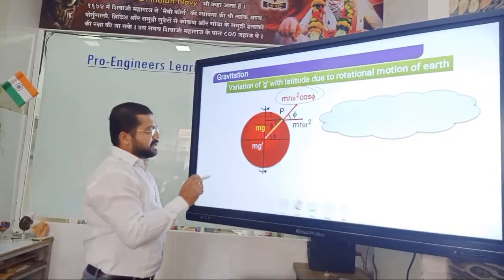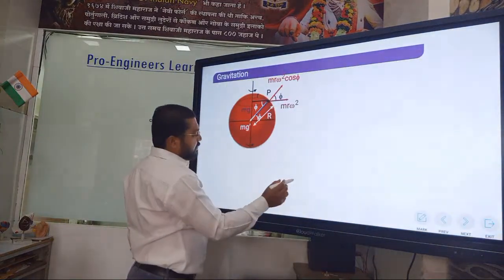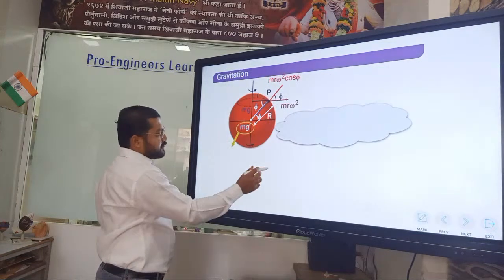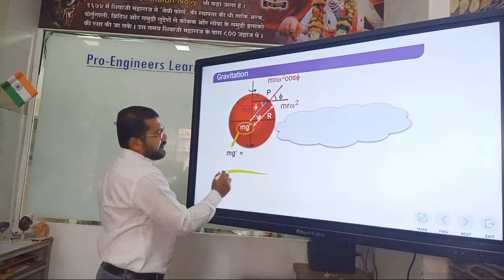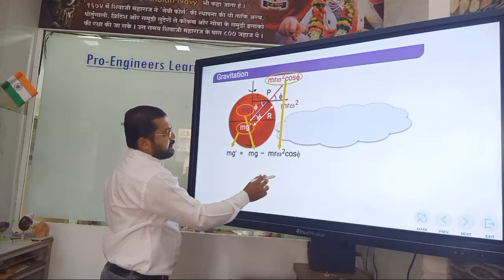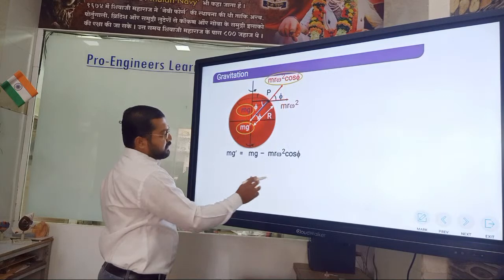So considering those two, we have derived the formula: mg dash equals mg minus mr omega square cos phi, right?